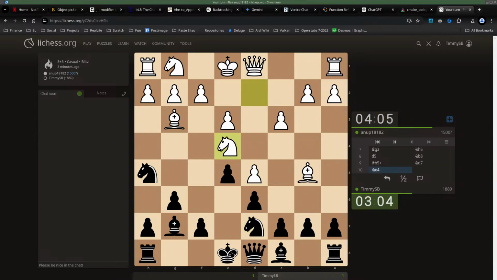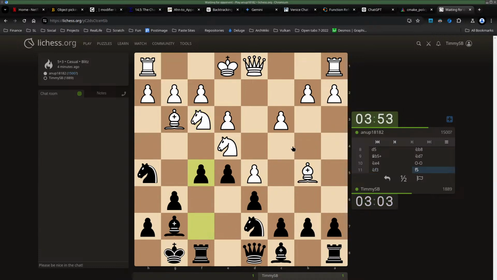The knight is going there, okay. My castle. Let's kick the knight, because I want to. Oops, that wasn't the best move. Oh no, it wasn't. Not because of that reason though.